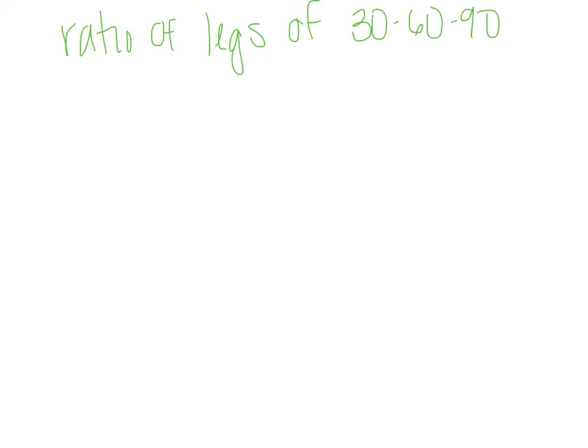So when we think about a 30, 60, 90 triangle, my generic sides I work with are 1, 2, and square root of 3. So the ratio of one leg to the other could be 1 to the square root of 3. It could also be square root of 3 to 1.